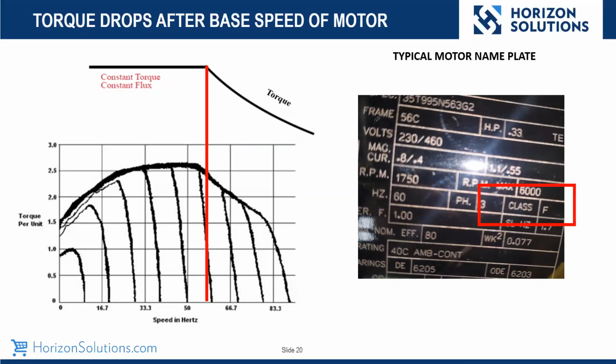Because horsepower is equal to torque times RPM divided by 5252, we have a constant horsepower situation above 60 hertz. So say you want to go 70, 80 hertz. What is the limitation? Well, you can see by the red line that's drawn here, we're out at 90 hertz.